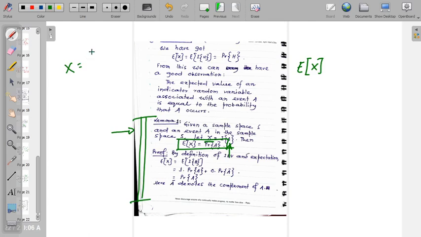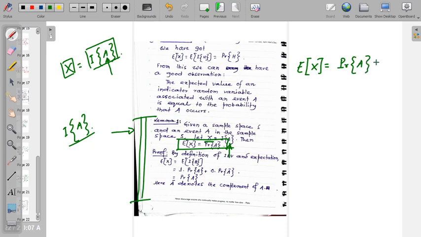X is the indicator random variable associated with some event A. I can denote the indicator random variable by this or by this, if the context is clear that it is the indicator random variable associated with event A. This is a slightly annoying notation, but more interpretive. The expectation of X boils down to the probability of the event associated with the indicator random variable happening.